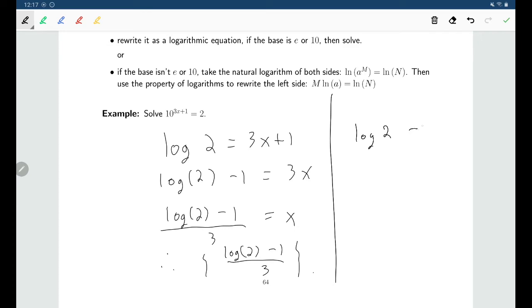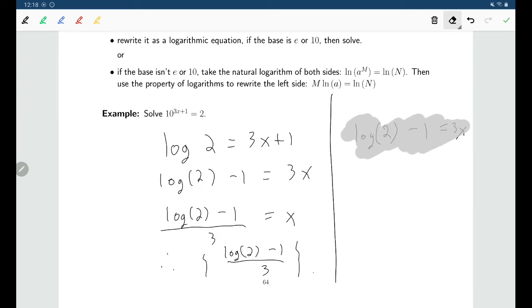If I just brought the 1 to the other side and didn't have brackets, it would be maybe not clear to somebody reading this whether it's log of 2, minus 1, or whether it's log of 2 minus 1. And so to make it clear what's actually going inside the log, that's where I put a little bit of brackets around it to help make it less ambiguous.